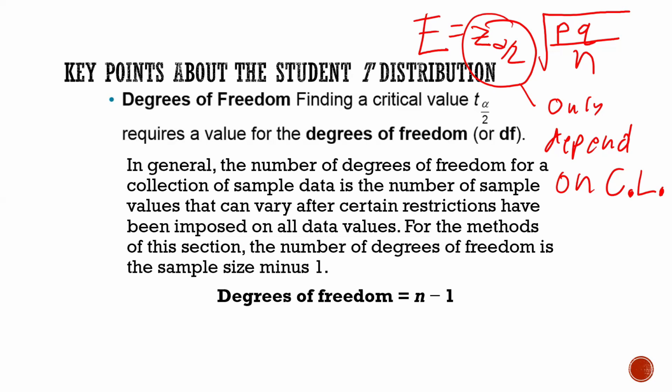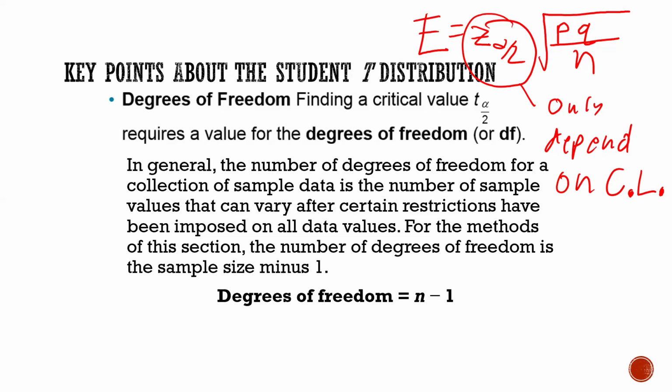Now it's still going to depend on that confidence level, but it's also going to depend on the degrees of freedom. There is only one Z distribution. There are many different T distributions. They all kind of look the same, but they're different depending on the number of degrees of freedom.